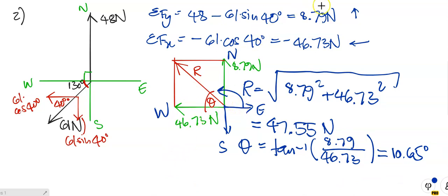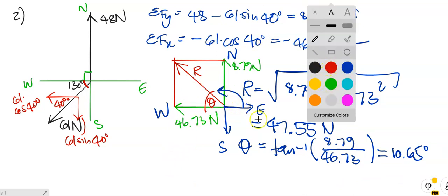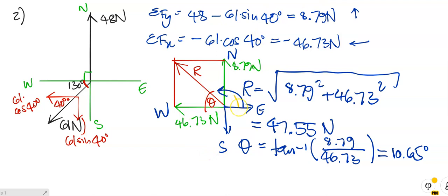The full direction, in the way I write it, is that direction over there. Okay, so if that's 10.65, what will it be equal to? The direction will be equal to 180. Why? Because that's 180 minus that there.